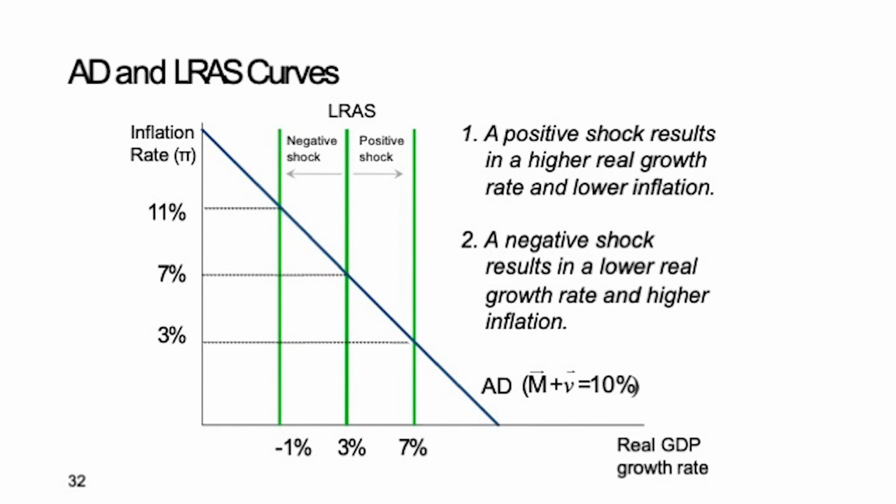And in response, the government tried to boost aggregate demand. The difficulty was that the cause of that recession was not a shift in aggregate demand. The cause of that recession was a negative real shock, a shock to long-run aggregate supply.